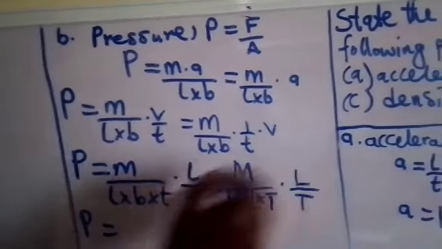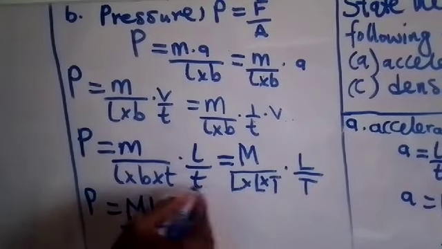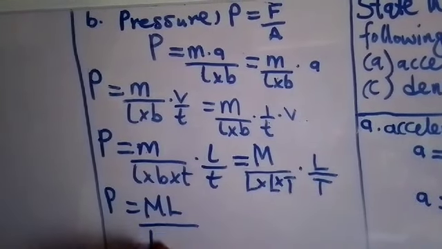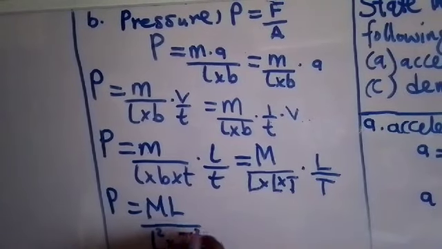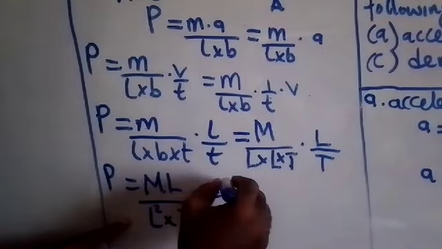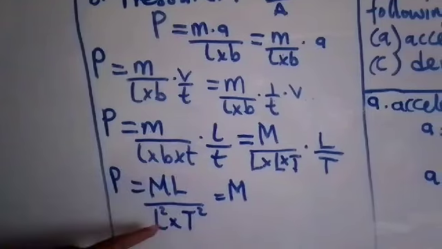Let's multiply the numerators. M times L is ML over, let's check the denominator. L times L is L squared, times T is T squared. There's only one M in this expression in the numerator, so write it. There's L in the numerator, L in the denominator.